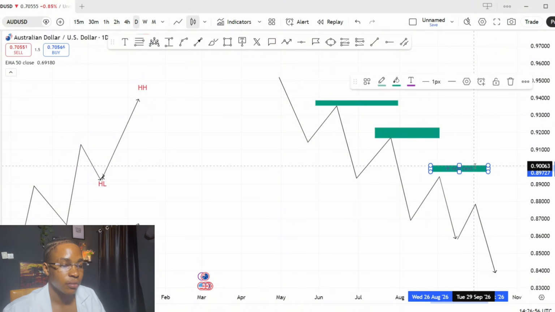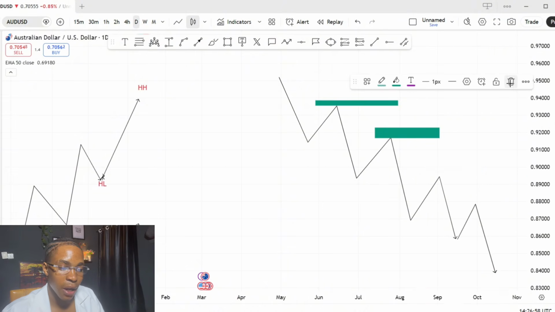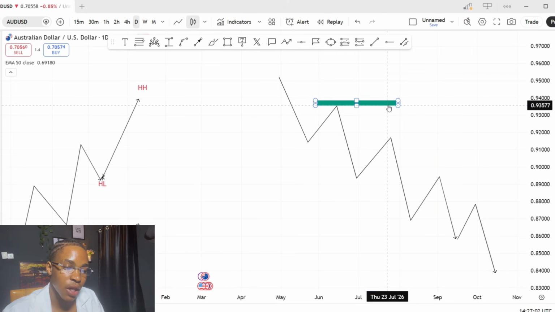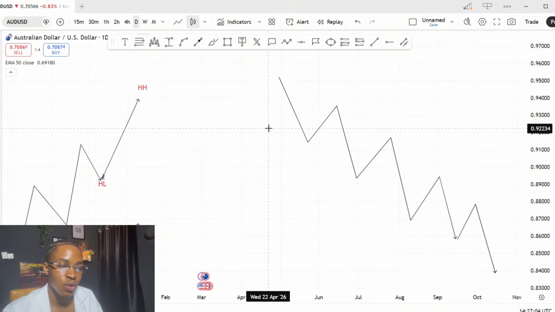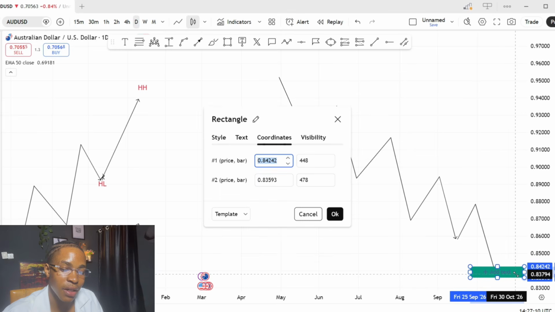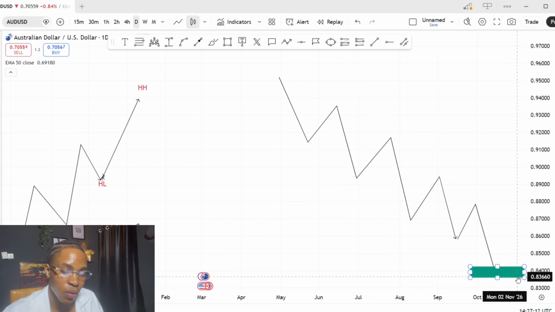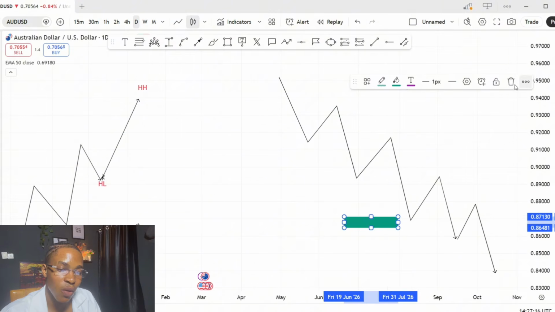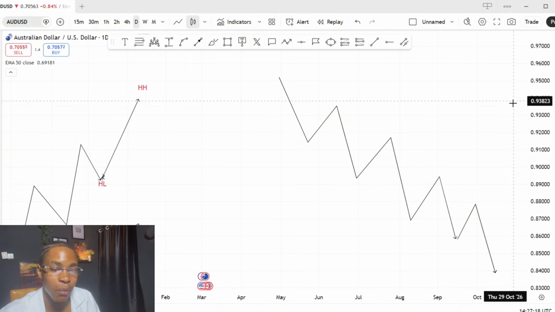Now let me mark up the lower highs and ask you guys a few questions. Now that you know lower highs, let me also show you lower lows. Lower lows are all these lows, the lowest point the market has reached. So this is a lower low, this was a previous lower low, this was the other previous lower low, and then this one is a lower low because it is the lowest point the market has reached.